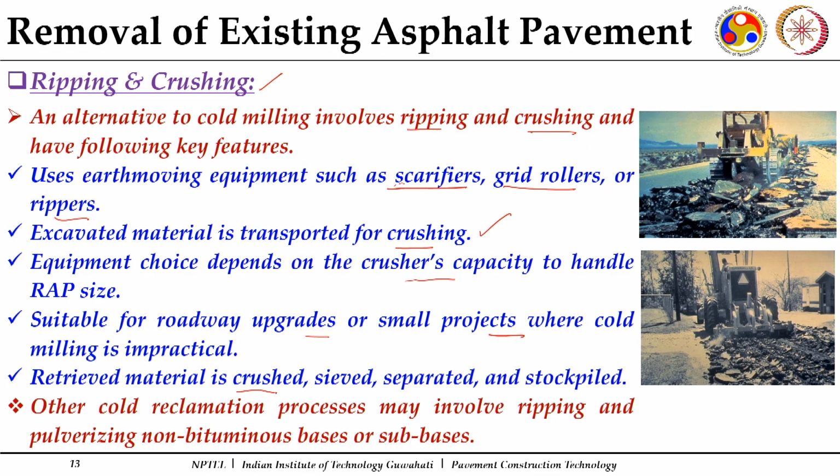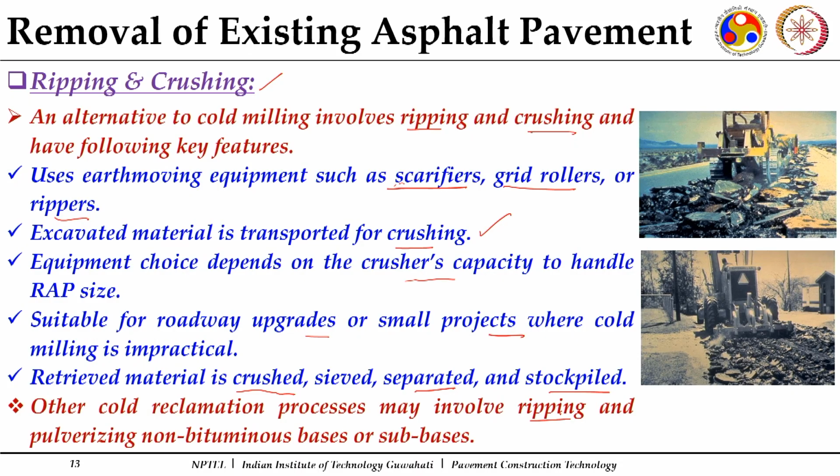An important aspect is that usually, because the chunks are of variable sizes, the material needs to be crushed, sieved, separated, and then stockpiled. And even if you are going deep into the underlying layers, where the problem is existing with your granular courses, then again with this ripping you may have to bring those bigger sizes.